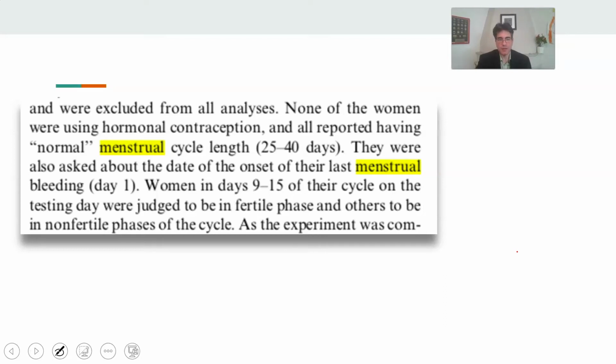And then you see in the method section the statement: none of the women were using hormonal contraception and all reported having normal menstrual cycle length, 25 to 40 days. They were also asked about the date of the onset of their last menstrual cycle bleeding, day 1. Women in the days of 9 to 15 of their cycle on the testing day were judged to be in the fertile phase, and others to be in non-fertile phases of the cycle.